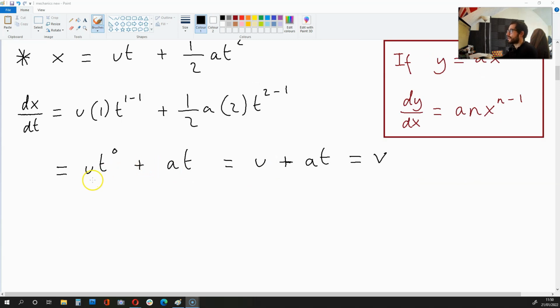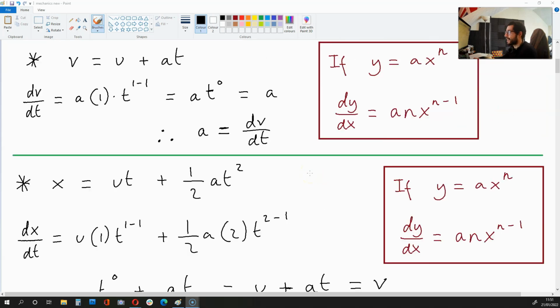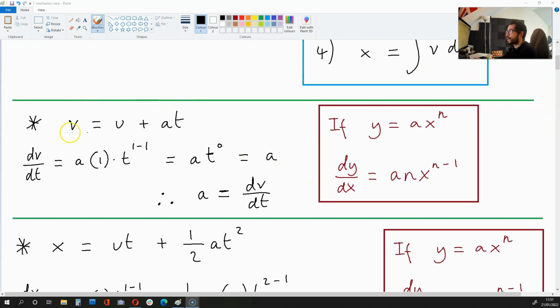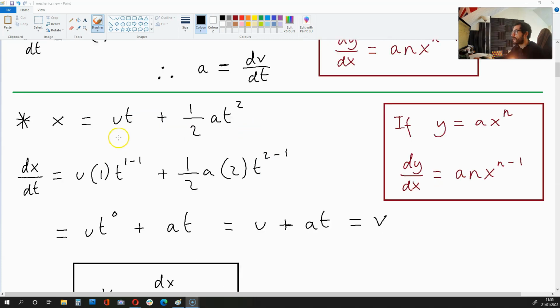This gives us u times t to the power of 0 plus at. T to the power of 0 is 1. So what we have is u plus at. And this is in fact v, as we can see up here.